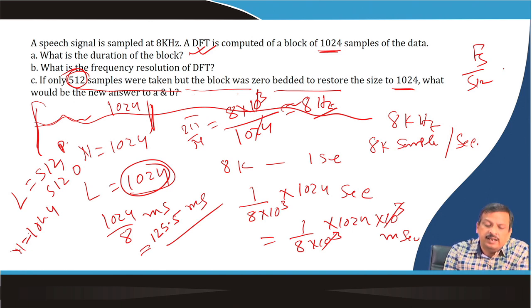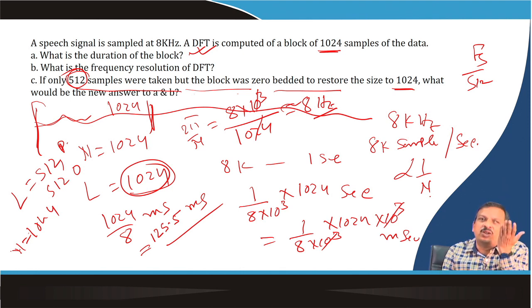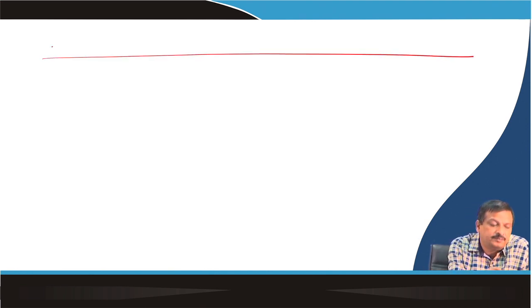So, you know that resolution is proportional to 1 by N. So, if we increase the length of the DFT, your frequency resolution increases. But what is happening, if you see, suppose I have a long signal. Let us say it is a non-stationary signal, let us say a speech signal.